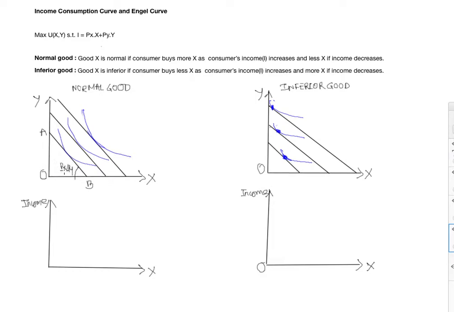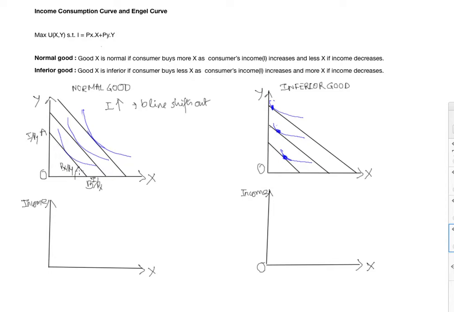Recall that when you drew the budget line in the previous chapter, these intercepts were the consumer's income over PX, and the vertical intercept was I over PY. If the consumer's income I increases, then the budget line shifts out.